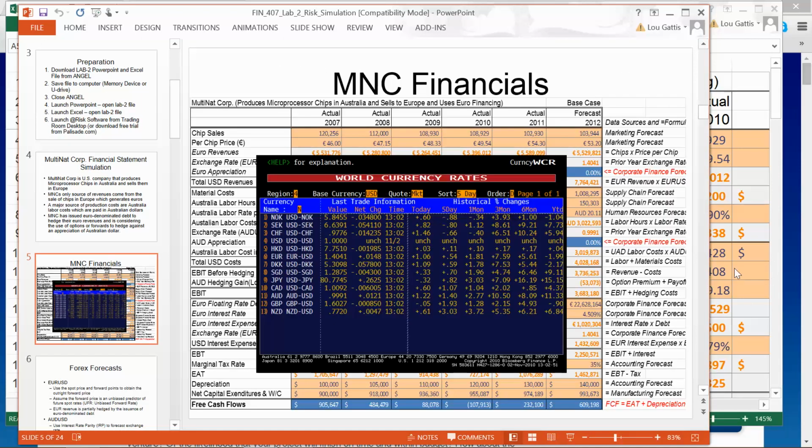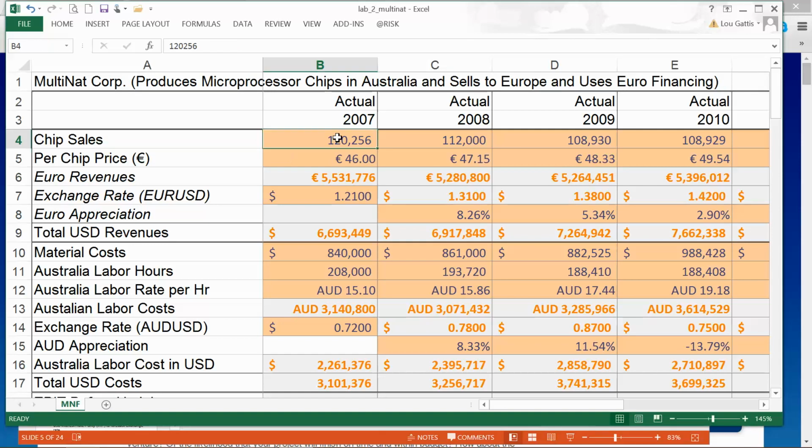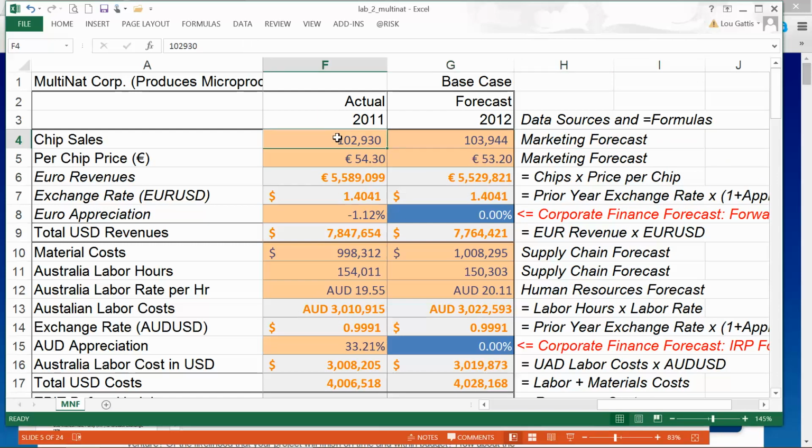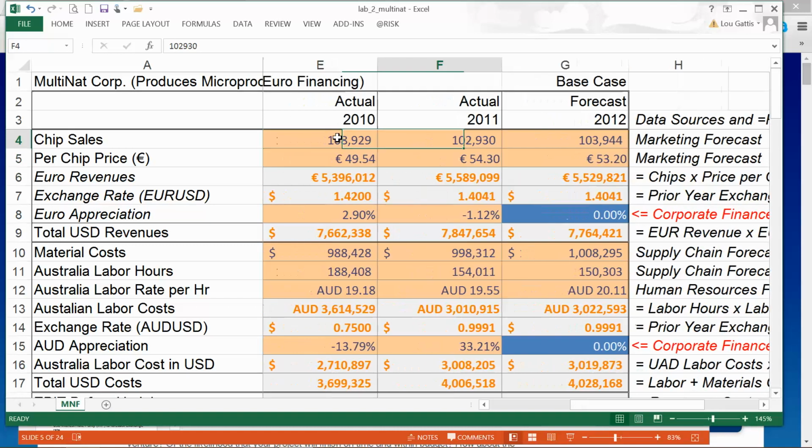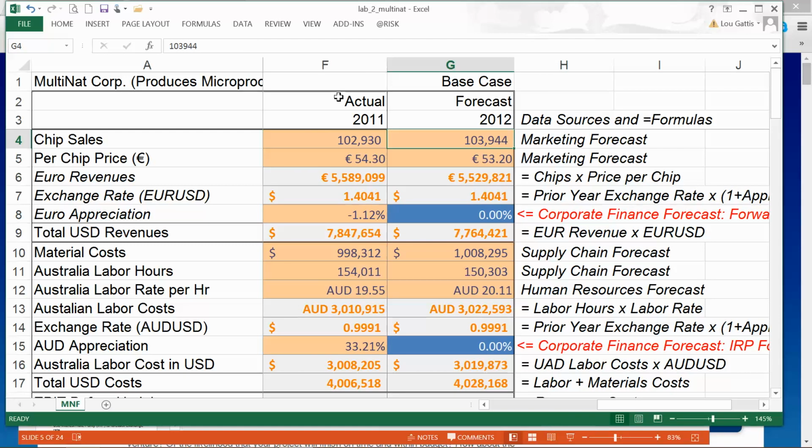So let's look at the spreadsheet. As a financial analyst, you've collected actual expenses for the last 5 years or so through 2011, and you're forecasting 2012. For chip sales, you work closely with the marketing department, and you expect to sell 103,944 chips.